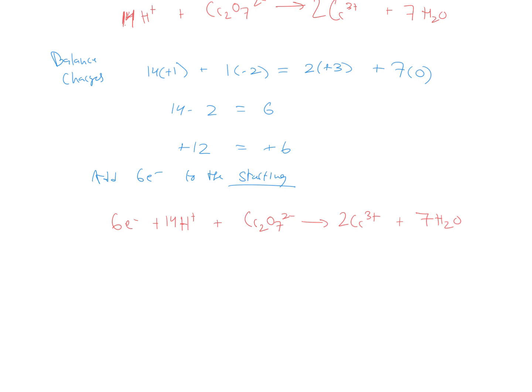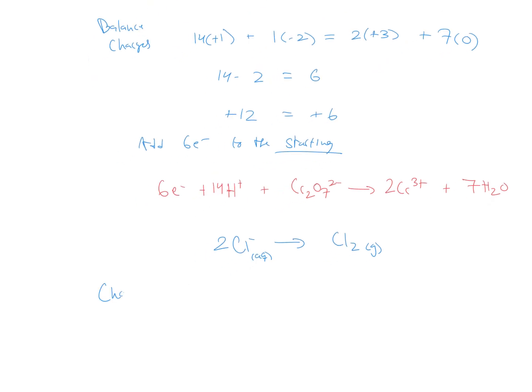Now that we've balanced that first half of the reaction, this would be our reduction, since we are gaining electrons. We can balance the oxidation portion of the reaction. So we have Cl- reacts to form Cl2 gas, and this is aqueous. First thing we need to do is balance out the atoms, so this would be 2Cl- goes to Cl2. Then we need to think about our charges.